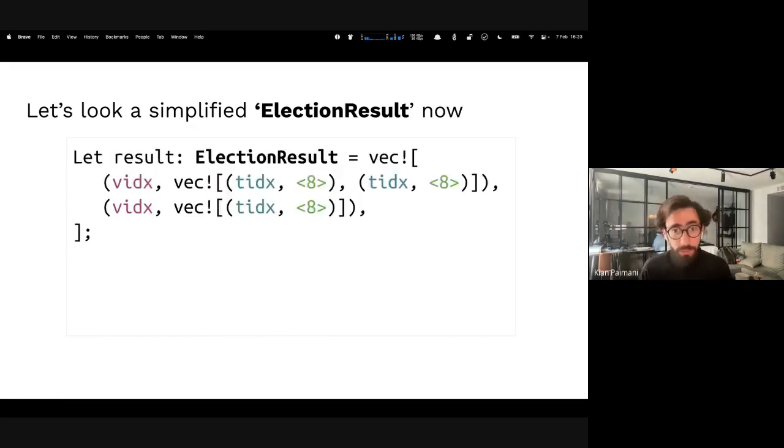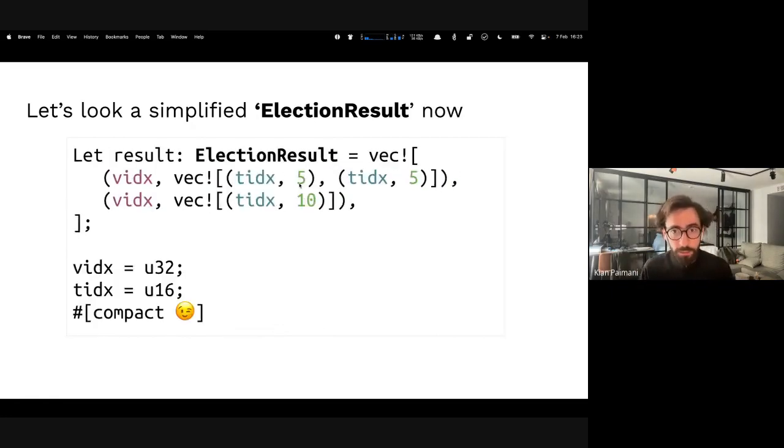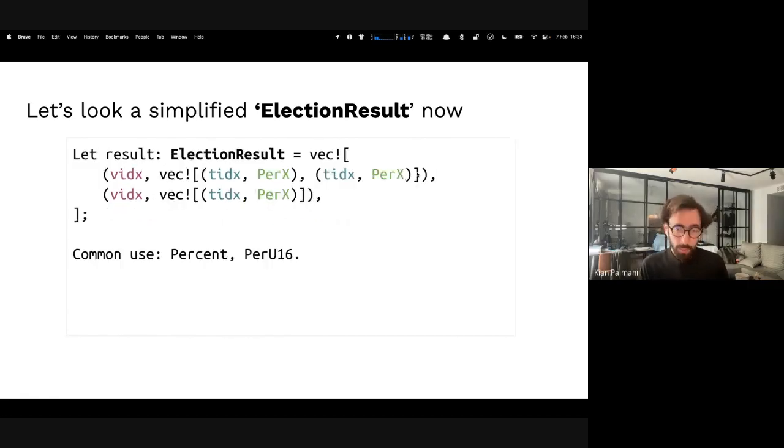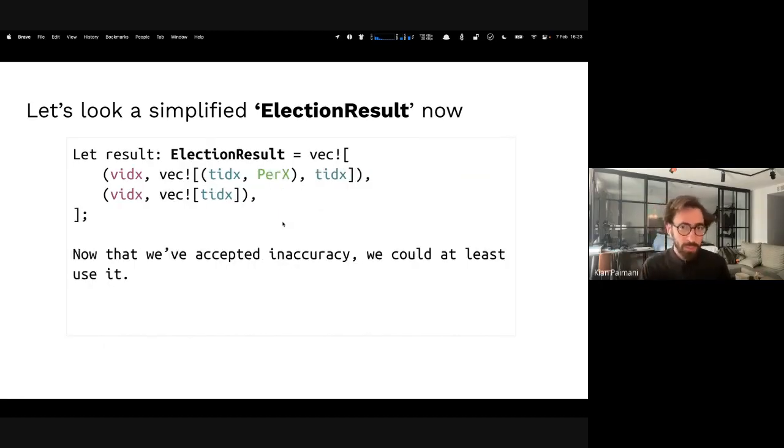So instead of having, let's say, 5 and 5, we replace these 5s with a percent, like 50% and 50%. And then the second benefit is that we can remove the second one, because if you already know this is 50%, the second one is clearly 50%. Or if you are backing only one target, you don't even need to mention that numerical value. It's your entire vote weight. It's your entire stake.